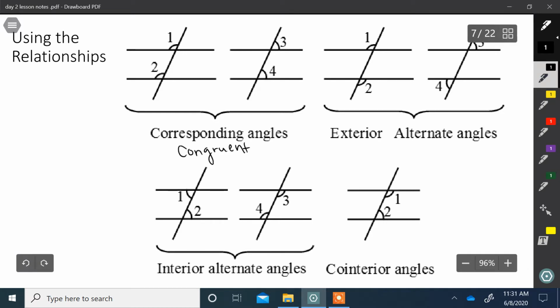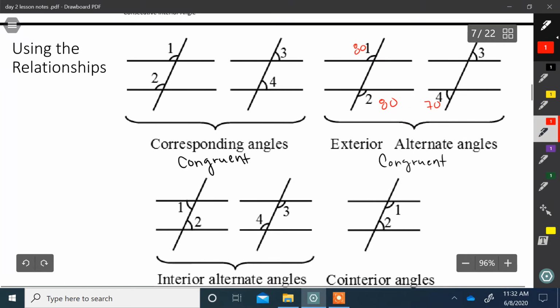That means that they're equal to each other. Exterior alternate angles are also congruent. And I'm misspelling congruent. That means that if this is 80, this will also be 80. And if this is 70, this will be 70.